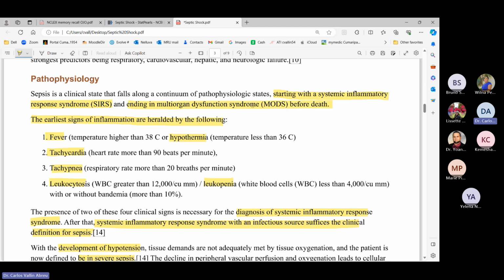This is the sequence: an infection that evolves to systemic inflammatory response syndrome, then to septic shock, and then to multi-organ dysfunction syndrome.